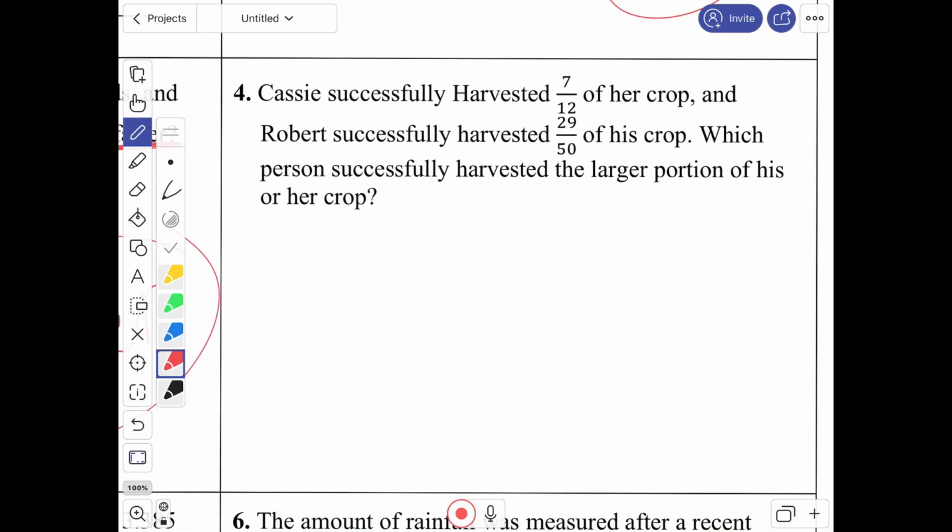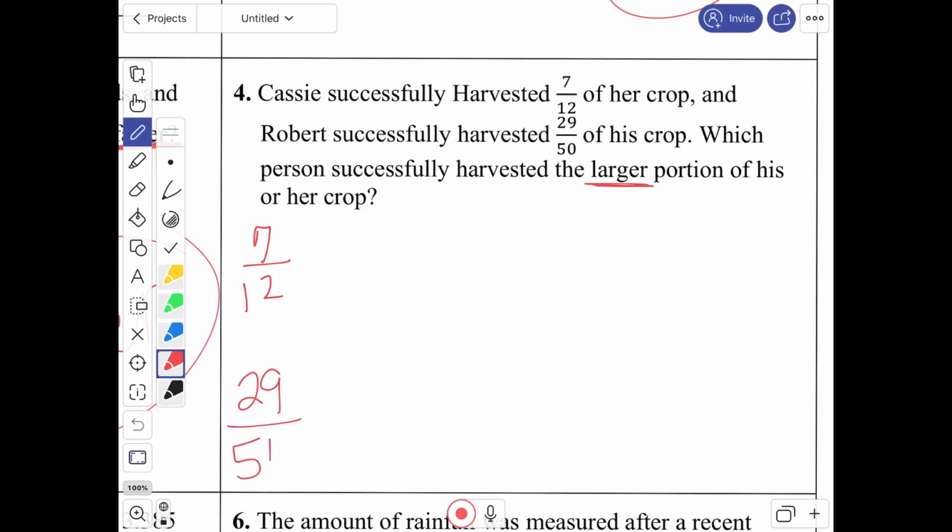Number 4, Cassie successfully harvested 7/12 of her crop, and Robert successfully harvested 29/50 of his crop. Which person successfully harvested the larger portion of her crop? So again, we might look for a common denominator, or you could divide it out.